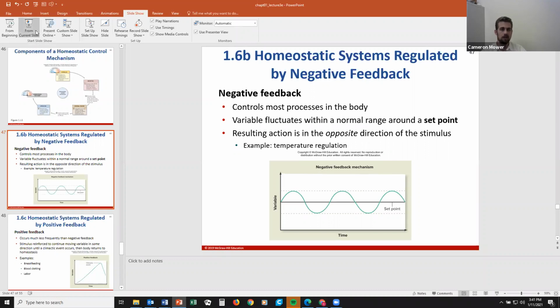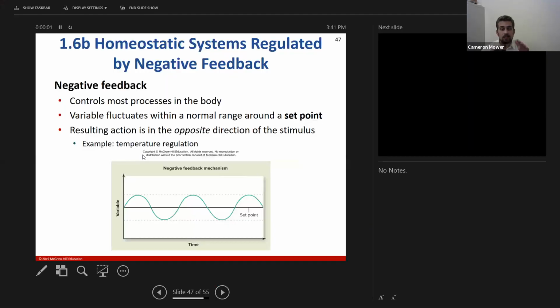Human body temperature is 98.6. So that's the set point, right? Some people maintain 98.6, but some people maintain 98.1, and some people maintain 98.8.